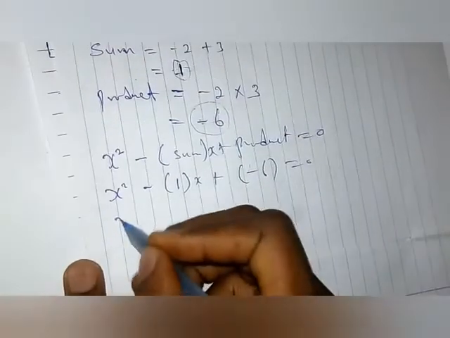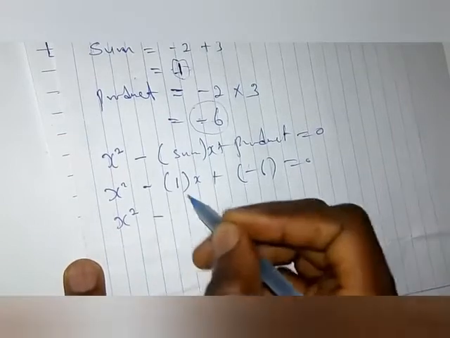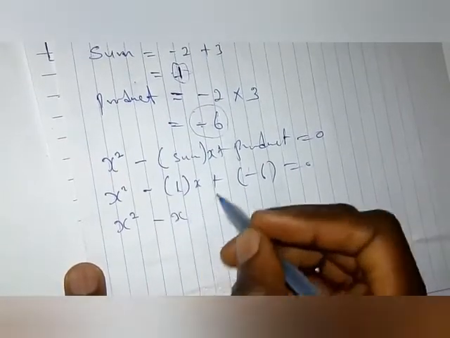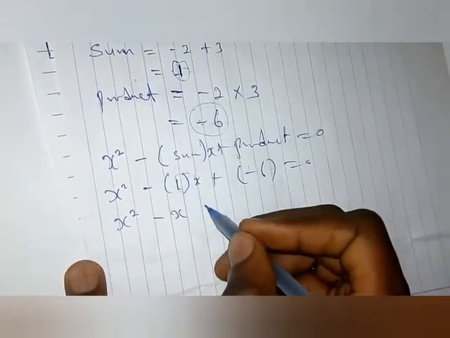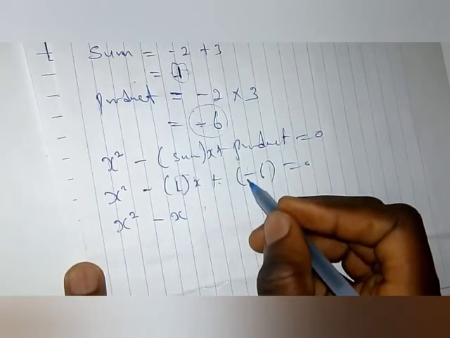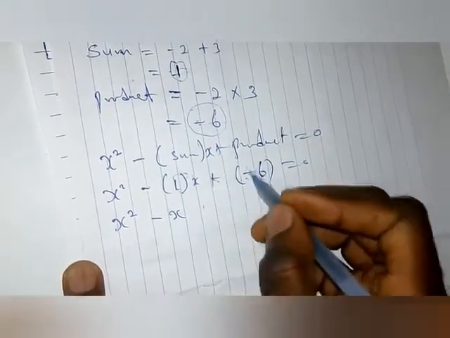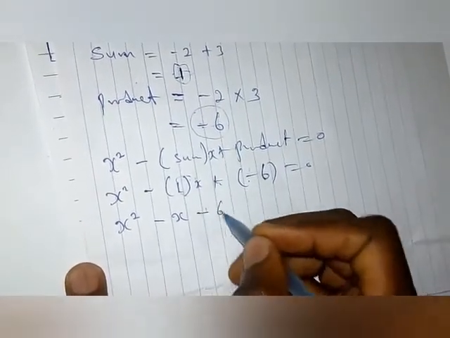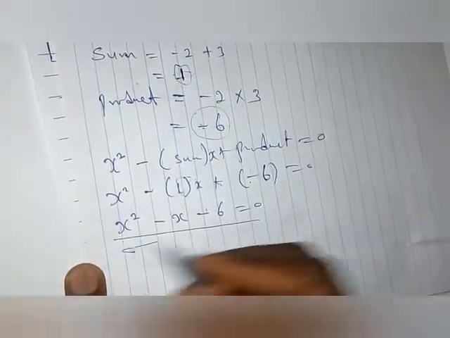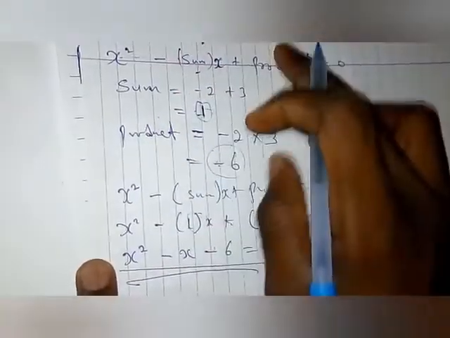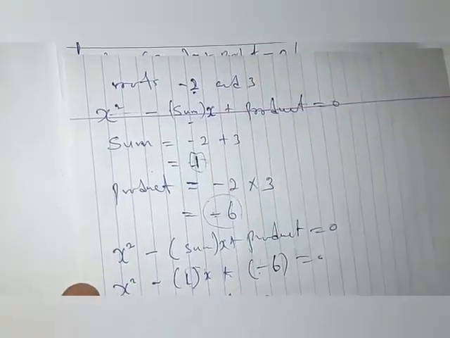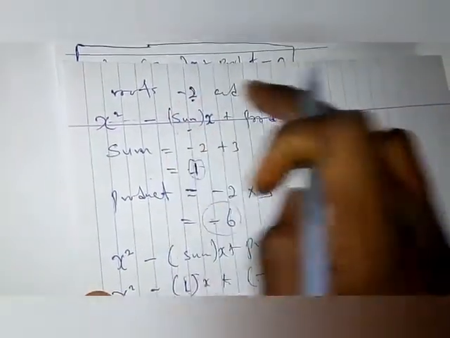So we have x squared minus x, and plus times minus 6, that is -6. So that is the quadratic equation for these roots. If you solve this, you are going to have these roots.